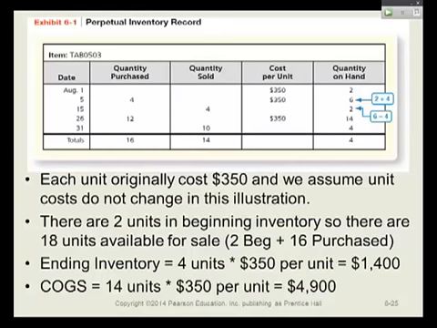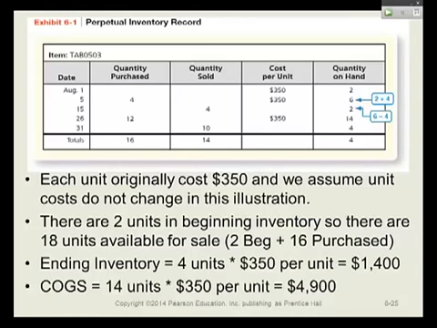So you notice that the sum of cost of goods sold and the ending inventory have to equal what you had available. Just like the units have to equal 18, the ending inventory and the cost of goods sold have to equal $6,300. Okay. So that's the foundation or the base example.